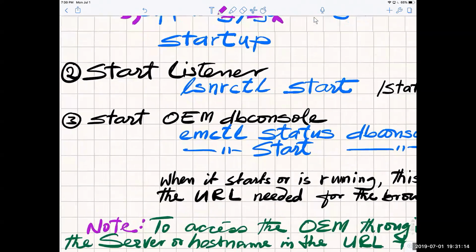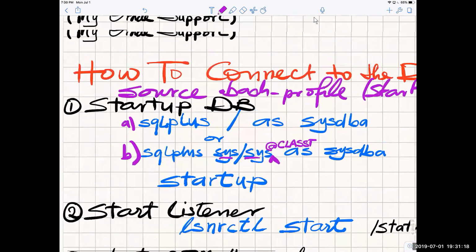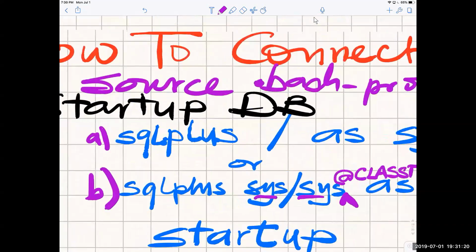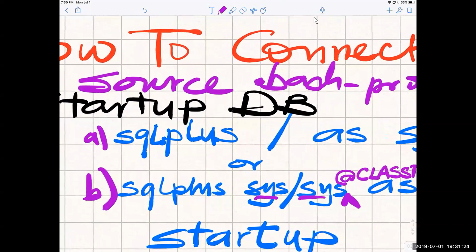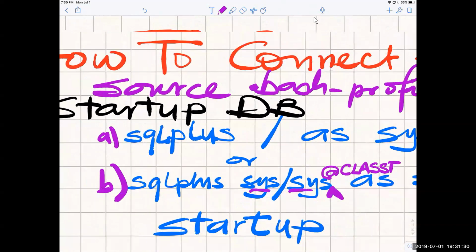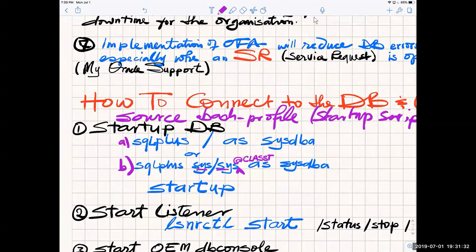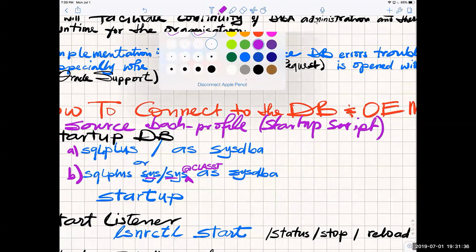Then you start your listener after you start the database. And guys, remember, like you did today, Emma, if you ever type sqlplus and it says command not found, the main reason is the .bash_profile is not sourced. Your environment is not correct. The way you test that is by doing that echo command.